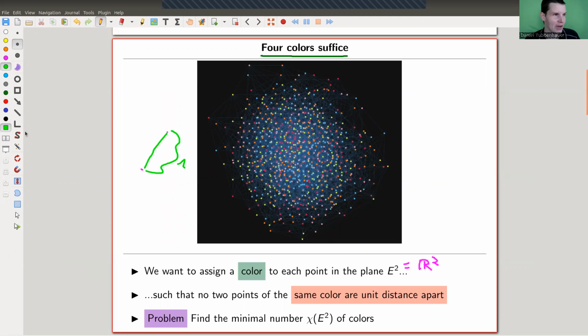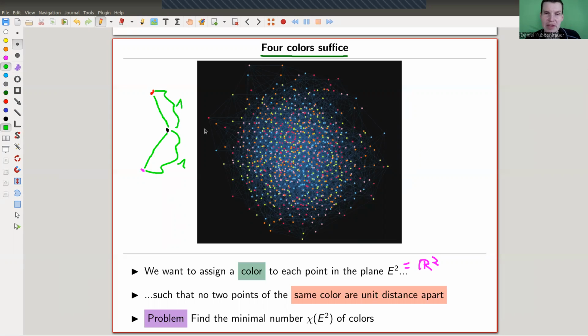And now I was very stupid. I gave them the same color. Let me give them different colors. So this one is blackish, and this one is purple. So that's good. And whenever there's another point unit distance apart, it can be red, for example, and so on.